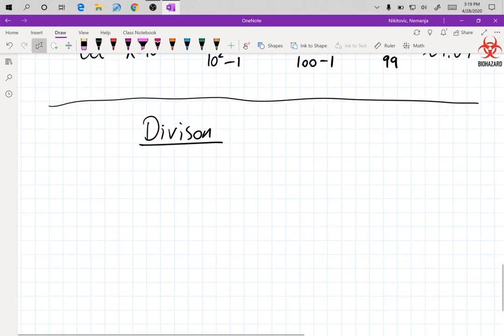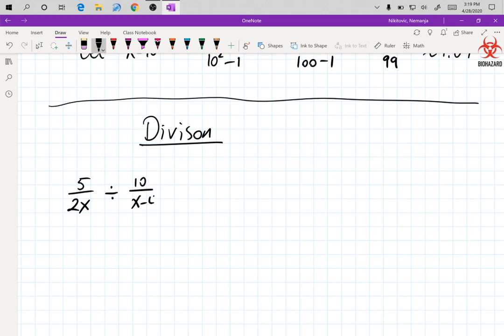Division. Now, division is simple if you understand multiplication, obviously. If you have, let's say, 5 over 2x divided by 10 over x minus 4, your job is to first flip this, right?